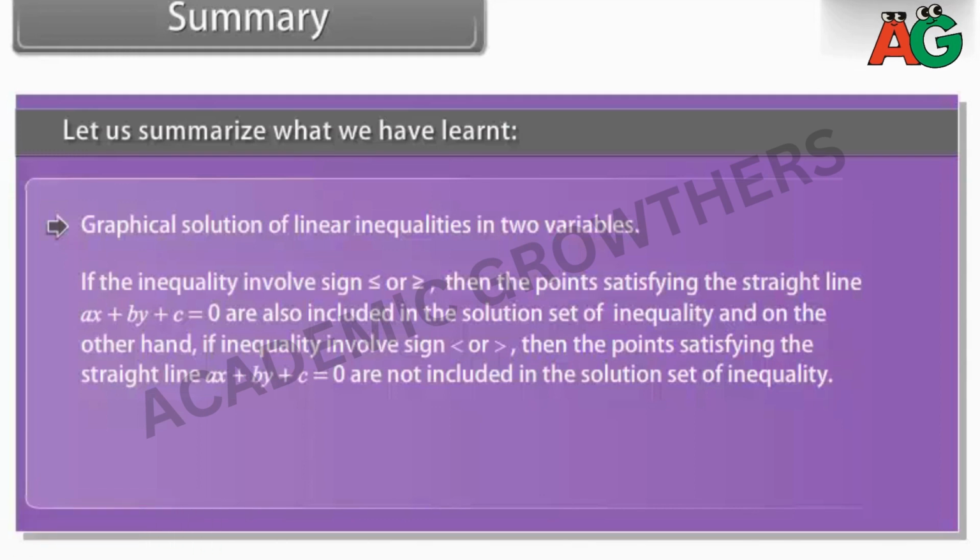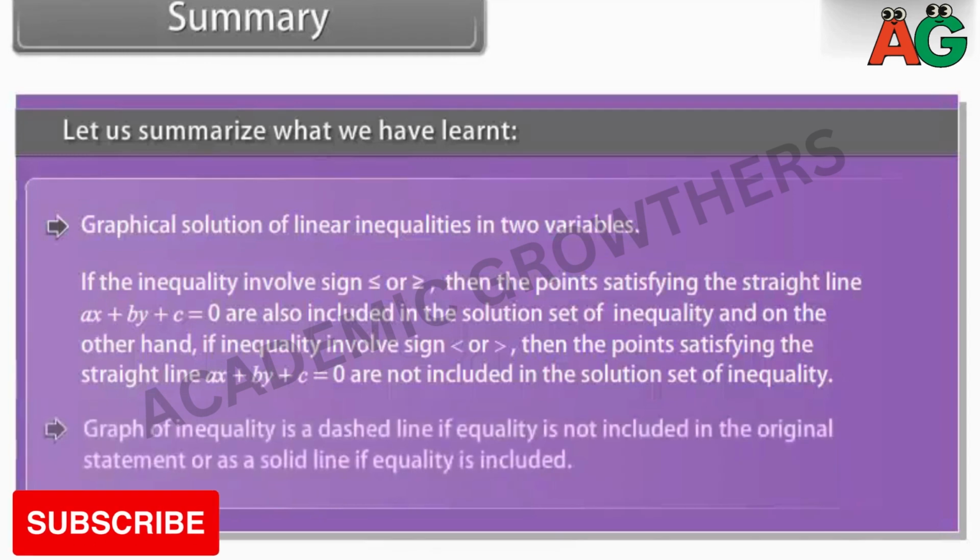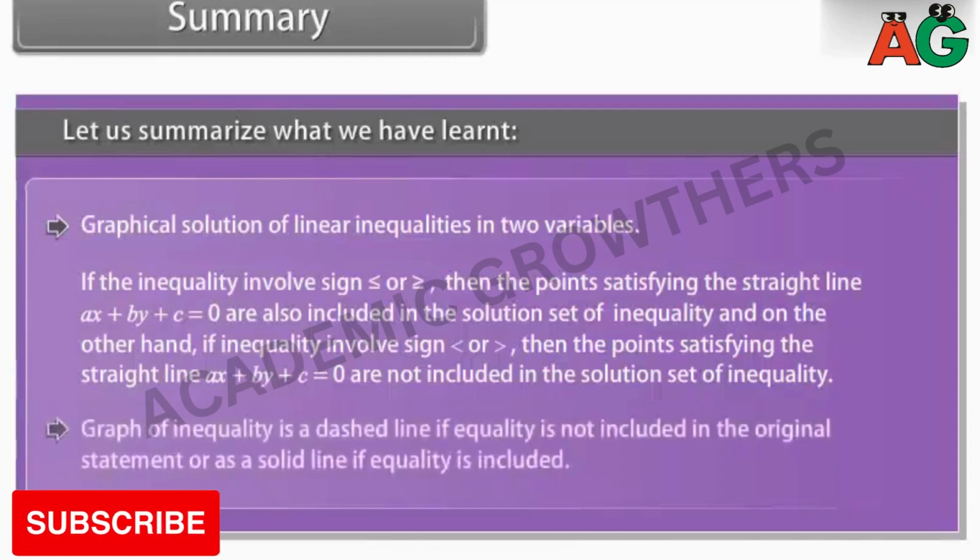On the other hand, if the inequality involves the sign less than or greater than, then the points satisfying the straight line ax plus by plus c is equal to 0 are not included in the solution set. The graph of the inequality is a dashed line if equality is not included in the original statement, or a solid line if equality is included.